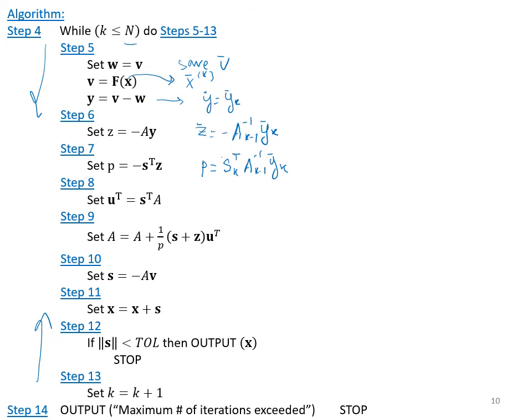P is just a number. Then we define vector U as a product of vector S and matrix A. Step 9, we compute inverse matrix A at the kth step.